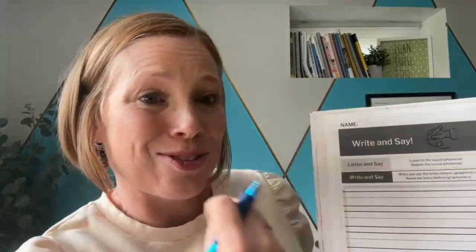So for this drill, you are going to use those grapheme phoneme correspondences that have been explicitly taught, and your students are going to be hearing these sounds and writing them and saying them. So you have this paper that says write and say it. First, your students are going to listen as the teacher says it.